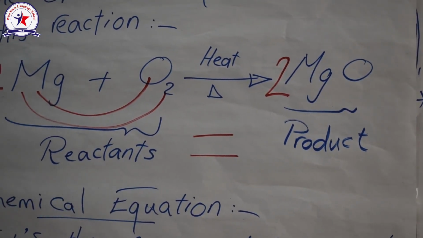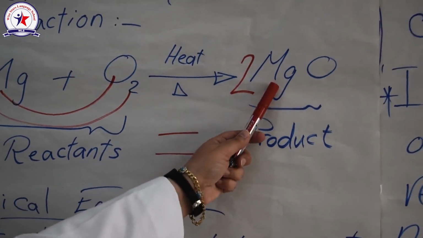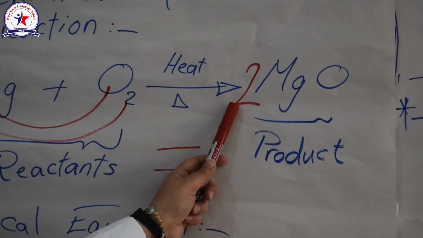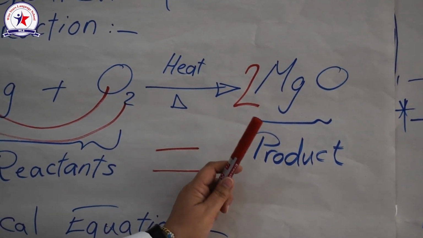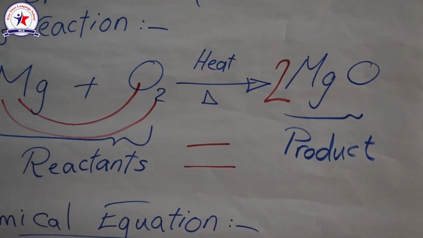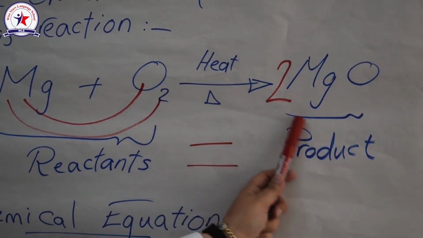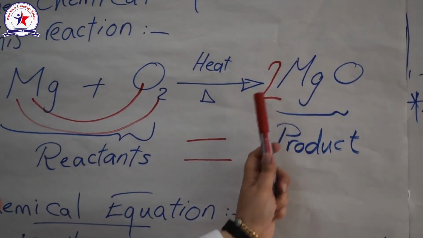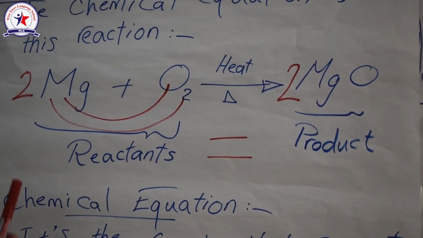That means 2 molecules of magnesium oxide, 2 magnesium atoms, and also 2 oxygen atoms. It's a molecule. It's a compound. We have 2 molecules.